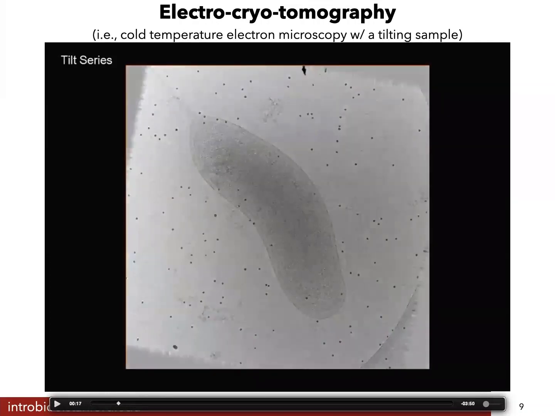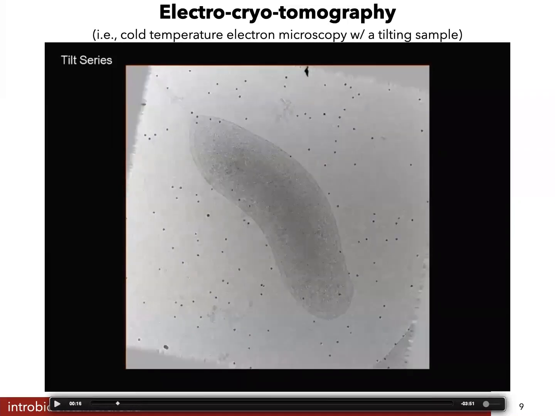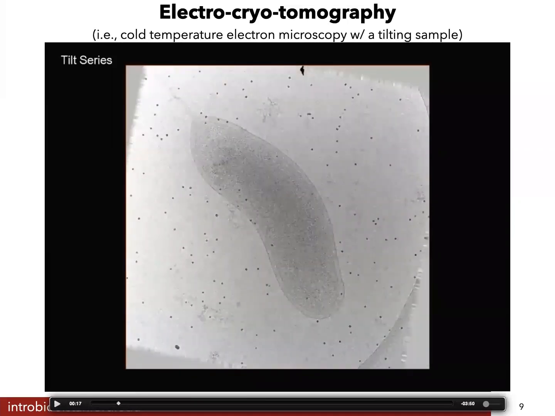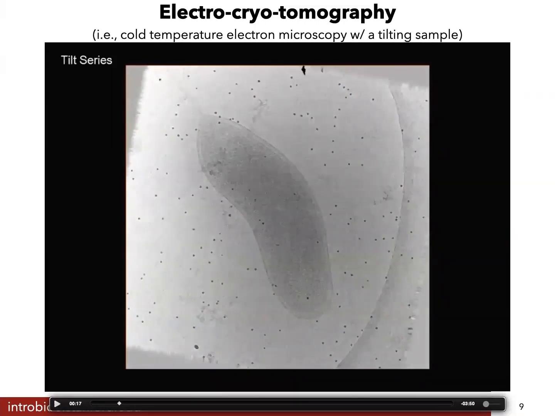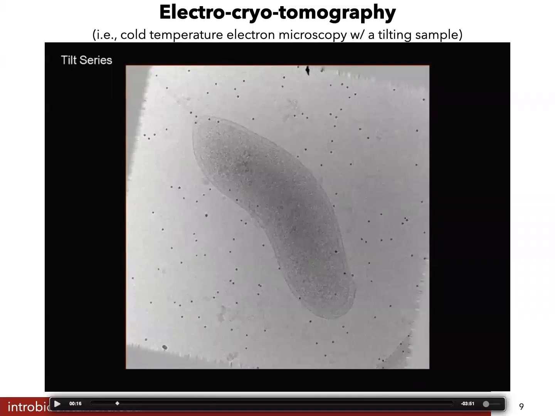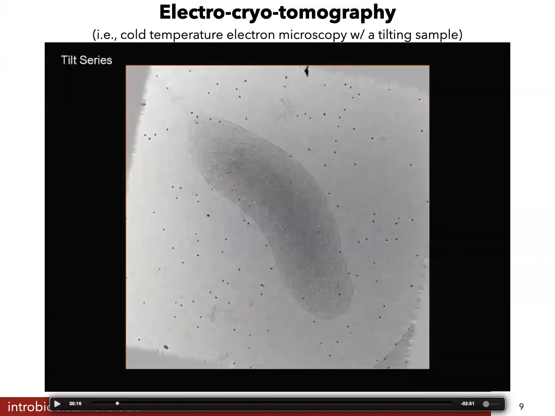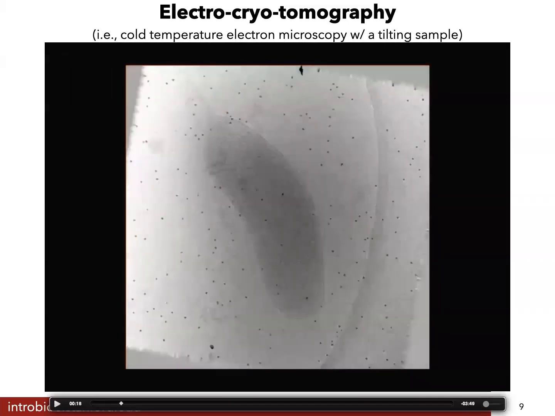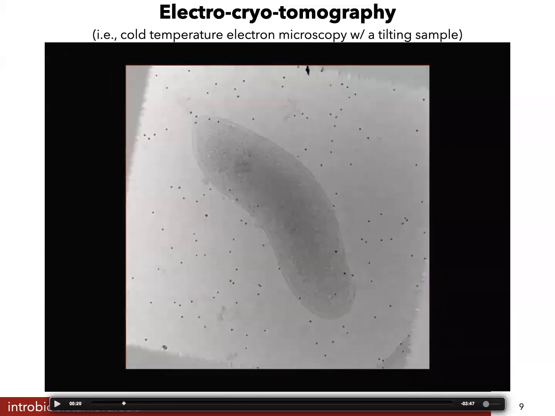These are registers or markers that the computer software can use in the tomographic reconstruction to help understand where things are in three-dimensional space and create a more accurate three-dimensional reconstruction of the cell. Those are purposely added to the sample when it's frozen to create a set of marks or indices that make it easier to do the 3D reconstruction. All right, so that's the tomography part.